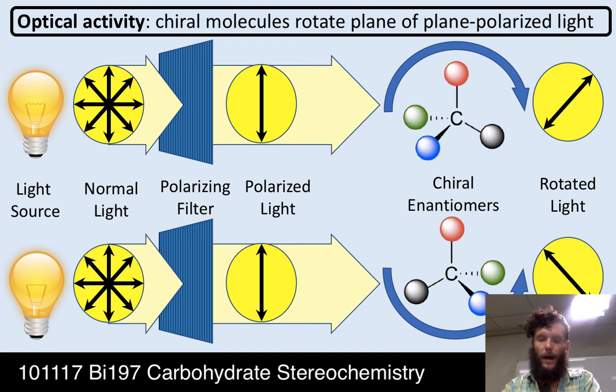If the same polarized light goes around the chiral enantiomer, it's going to bend the light by 20 degrees in the other direction.